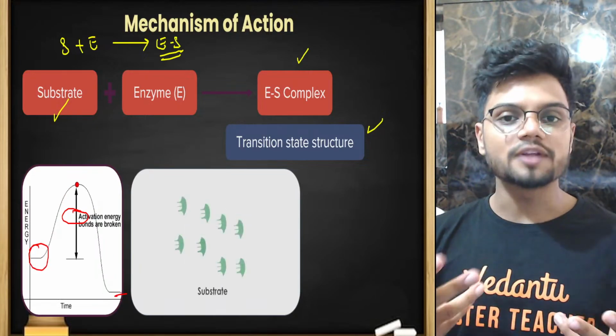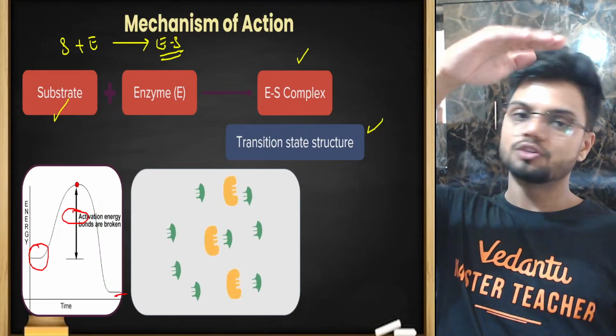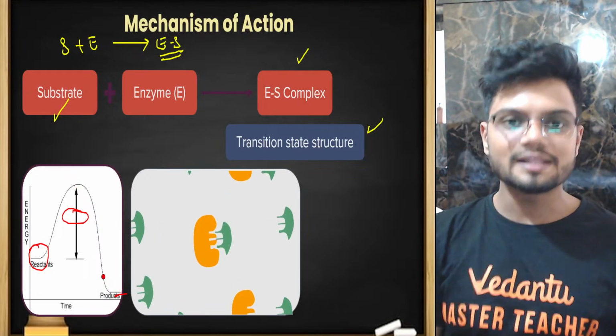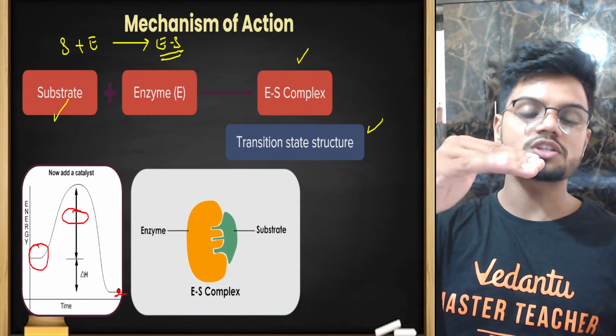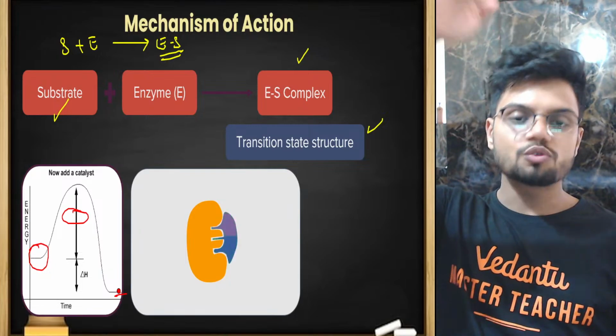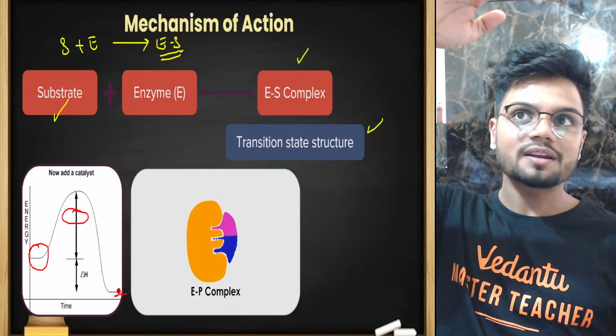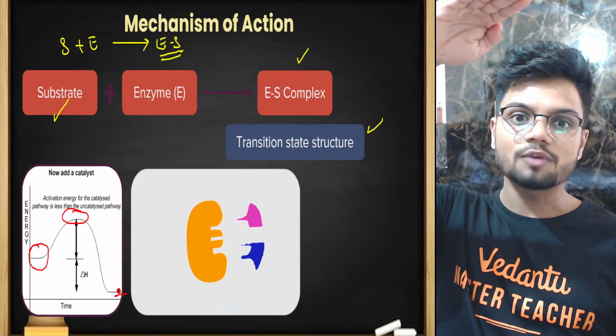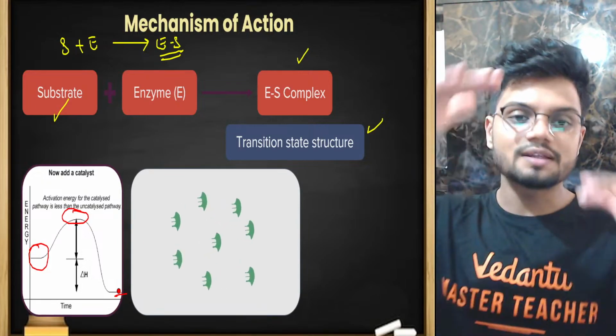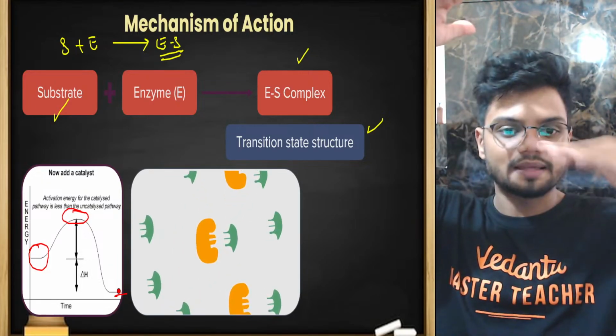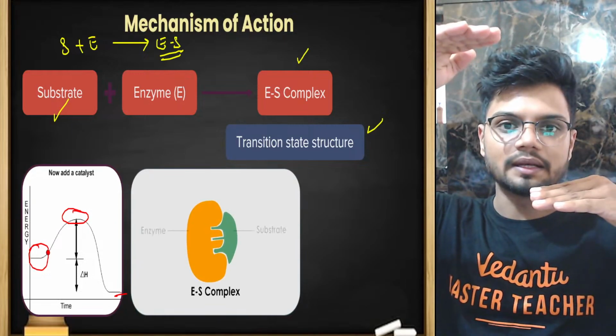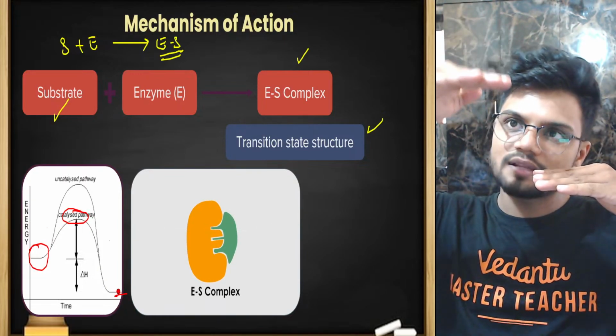When you're trying to do high jump, obviously if the bar is very high, you can't jump very easily. It tells you that the activation energy is very high. So what is enzyme doing? Enzyme is reducing the bar. Enzyme is reducing the activation energy. It is the average energy difference between reactant and intermediate. So it is decreasing the energy only.